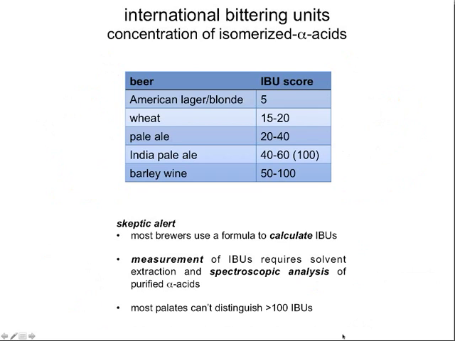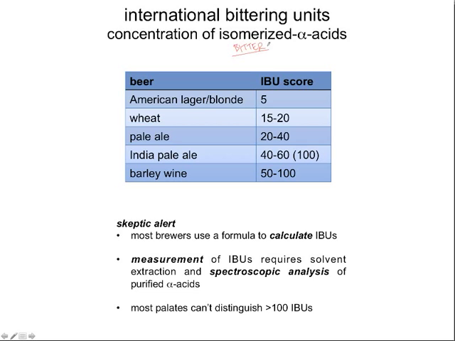Okay, I want to talk another minute about bittering because it's so important in modern beers. There are metrics of exactly how bitter a beer might be. There are a few different scales. We'll focus only on the international bittering units. This seems to be the most favored scale at the moment. What the bittering units measure is the concentration of these isomerized, remember, bitter forms of the alpha acids.